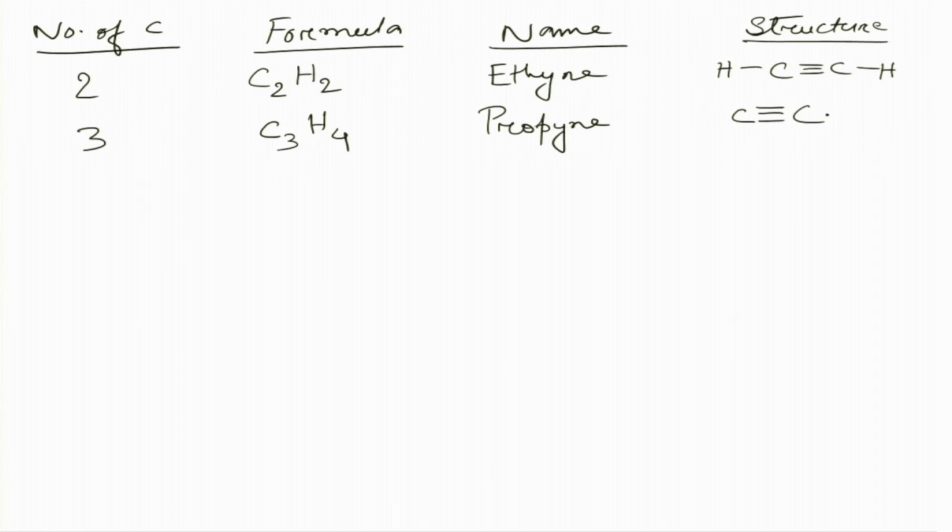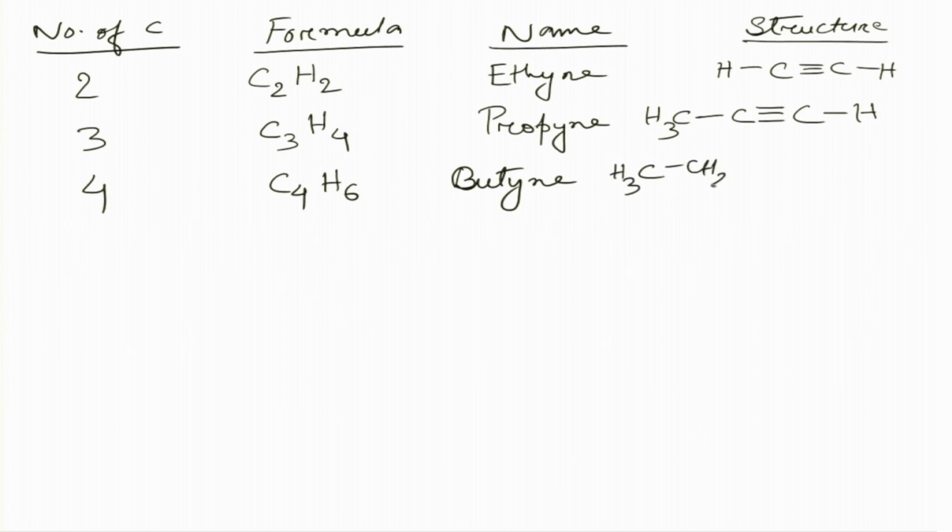It is written with one hydrogen on one carbon and one more carbon here. If C equals 4, we have C4H6, that is butyne. Butyne will also have isomers, but we will study them later.